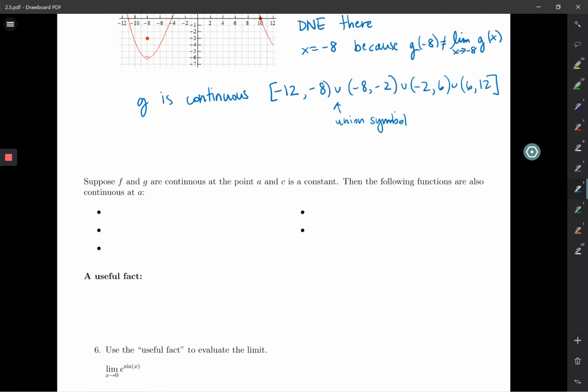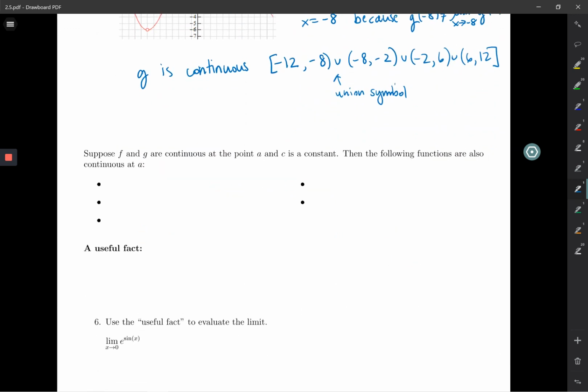Okay, so if we have two functions that are continuous at a point, we can combine them and get more continuous functions.